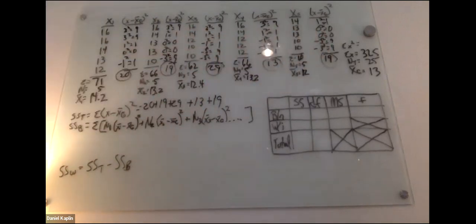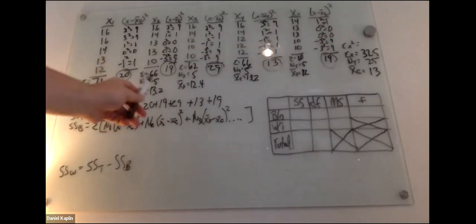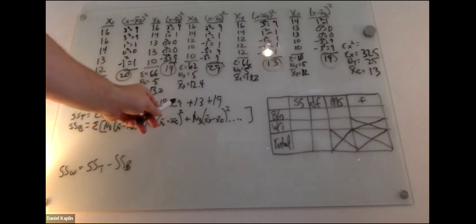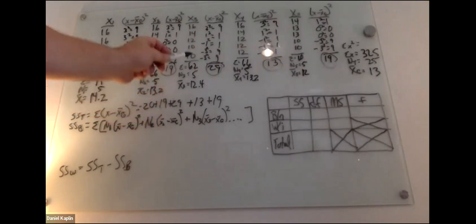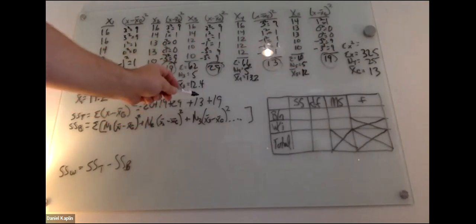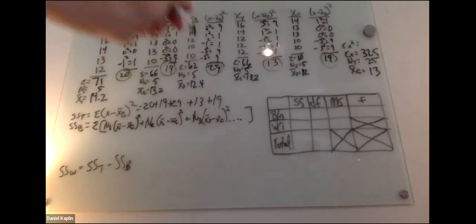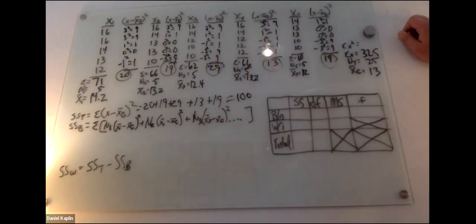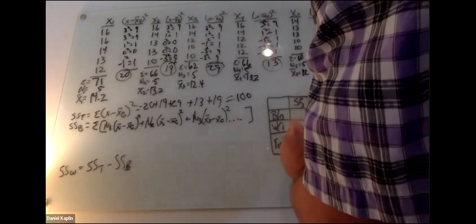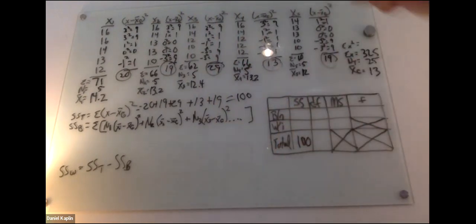If we add these 5 numbers, 20 plus 19, 39, 59, and then 9 is 68, 78, 81. This brings us to 100. Now I'm doing mental math, but I encourage you to use your calculator. So the sum of squares total is going to be 100, right?